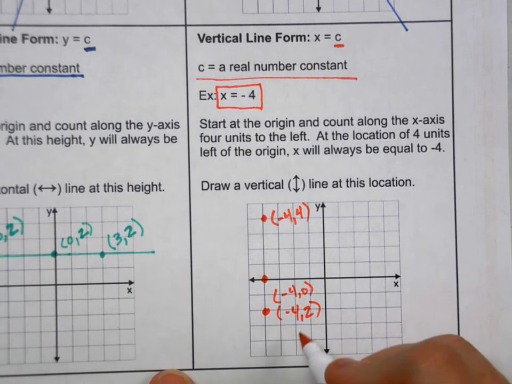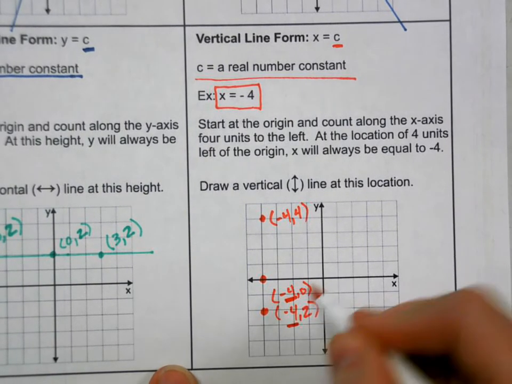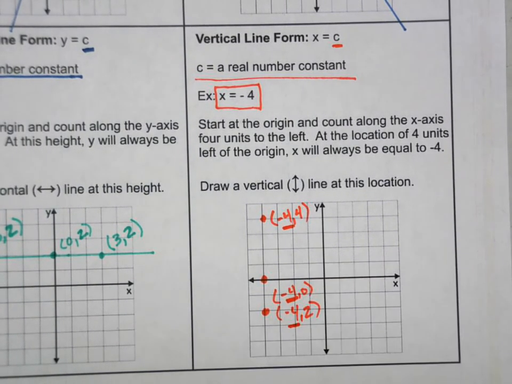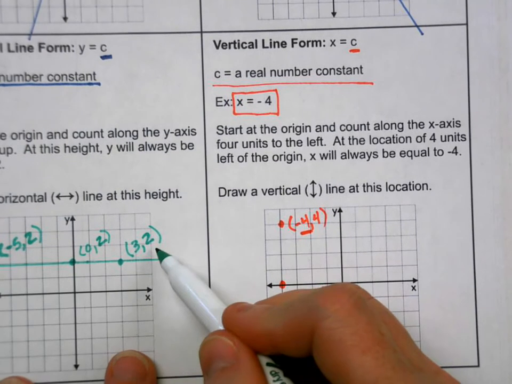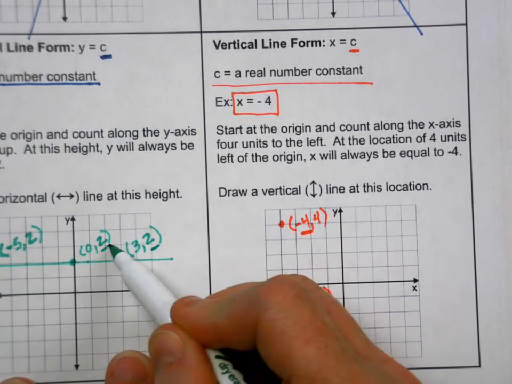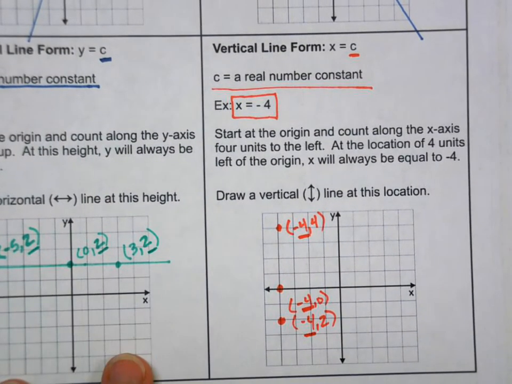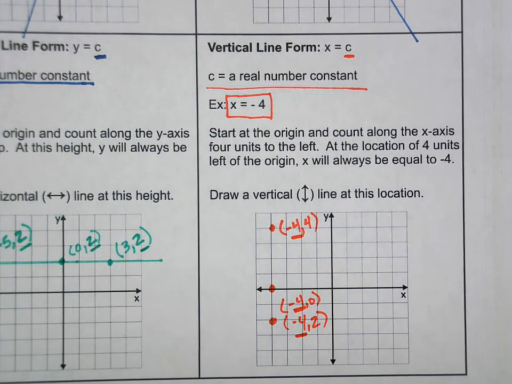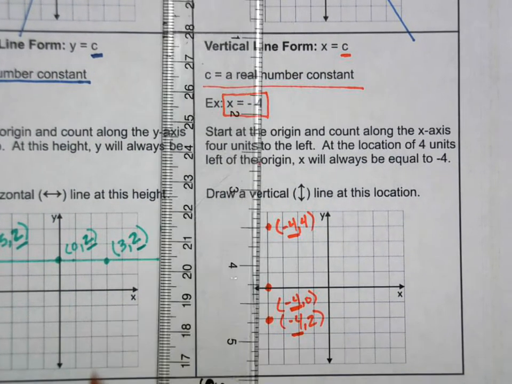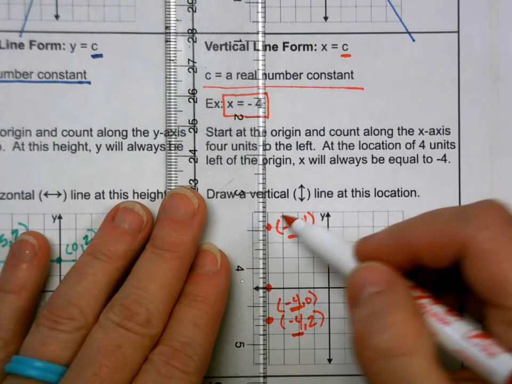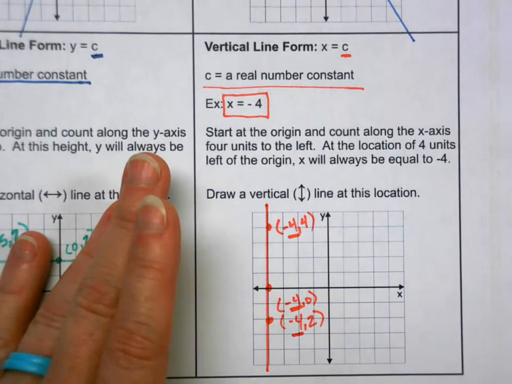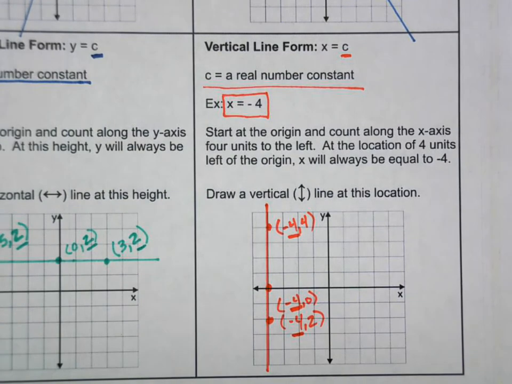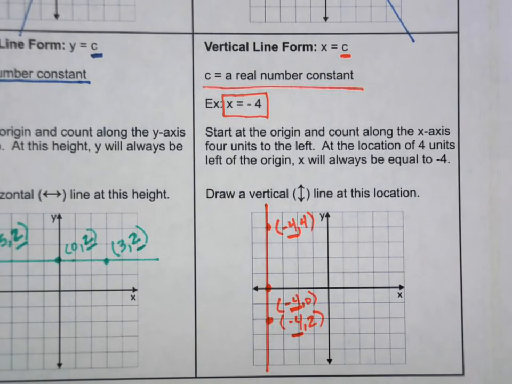All of these are negative 4s, just like on the other one, all of my y's were 2. So this is why I get a vertical line when it's x equals a number, because the x value always stays the same, but the y value changes.